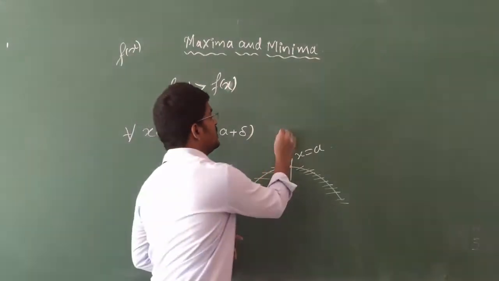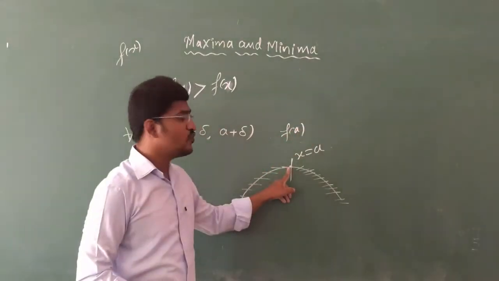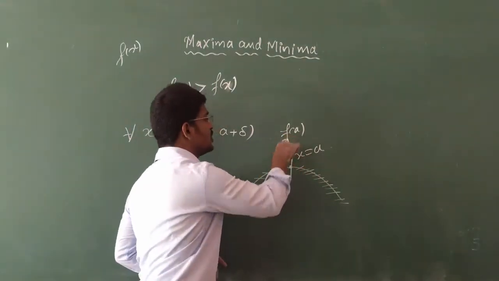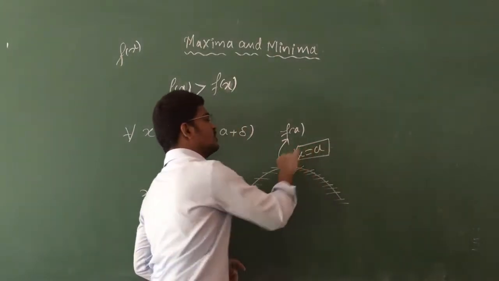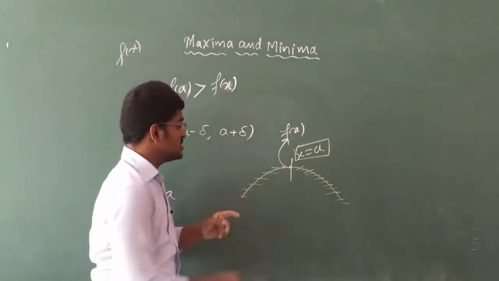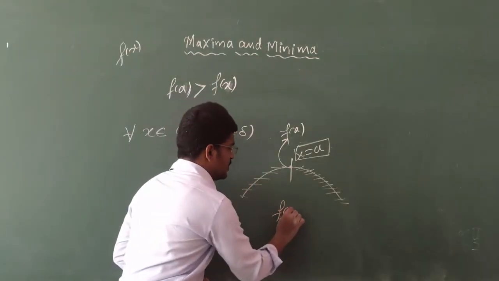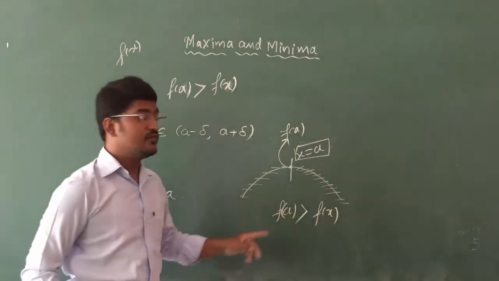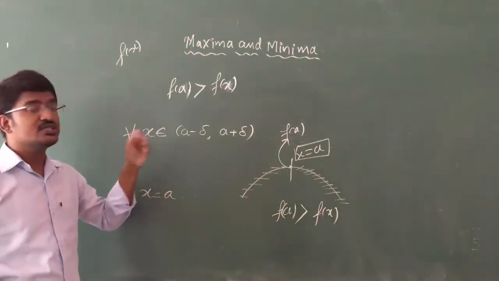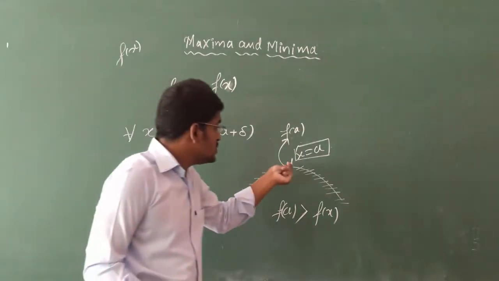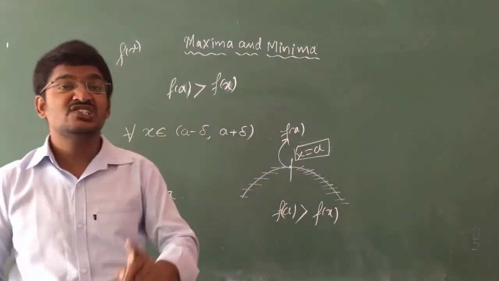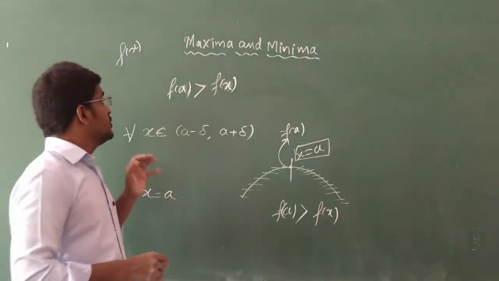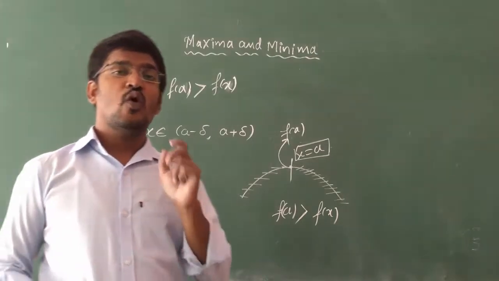See, this point is what now? f of a. This is f of a. Choosing at x equal to a, I will take f of a. This terms give you f of a at x equal to a. This is greater. See the diagram. This is greater than every element of x, every element of x belonging to this delta neighborhood. So now this point f of a will be the maximum for this particular function. Are you getting my point? So that means if you want to find the maximum value, what you have to check?